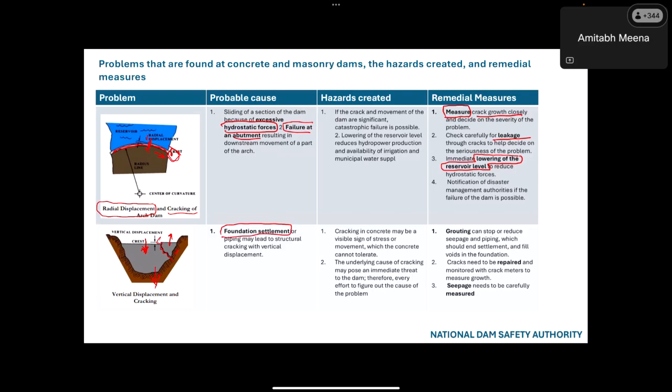It's not only the grouting of the cracks. We have to do the grouting of the foundation first. Then we have to repair the cracks with whatever chemical epoxy and cement mix we can use, and we have to measure the seepage very carefully, because seepage is an indicator.